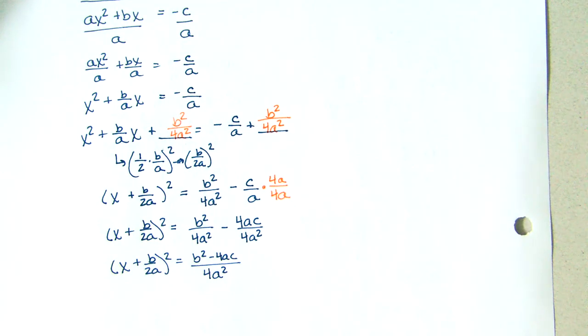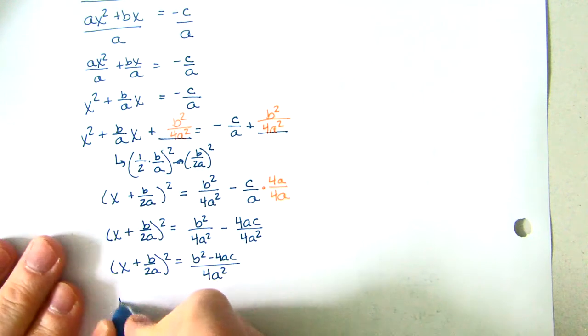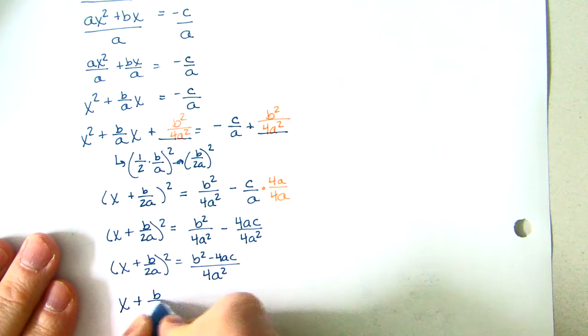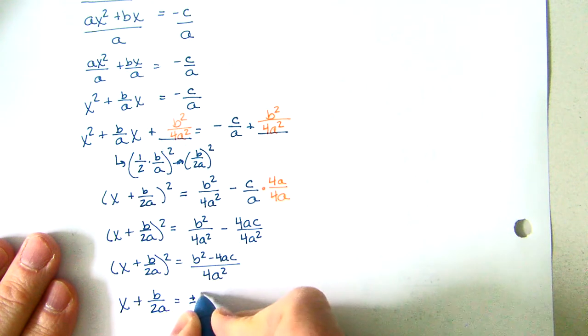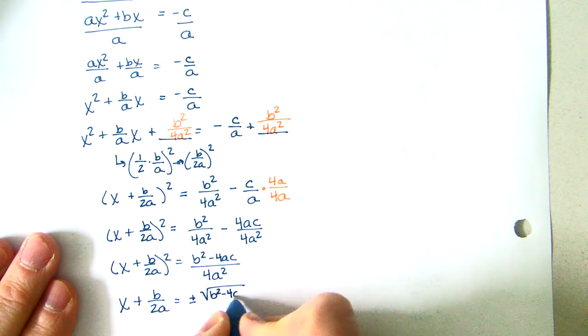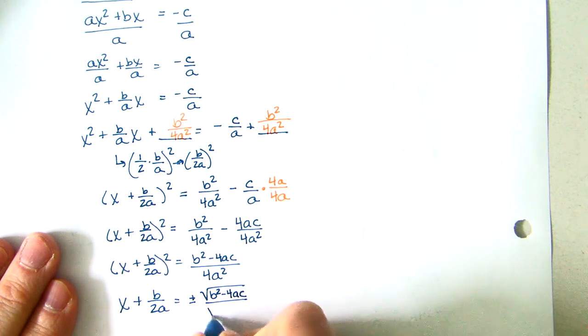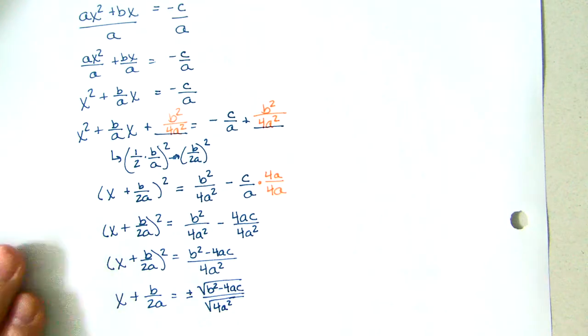What's the next thing I have to do? I have to get rid of my square by doing the plus or minus square root of both sides. x plus b over 2a equals plus or minus. Well, remember to do this, we can do the square root of the top over the square root of the bottom. Square root of b squared minus 4ac over 4a squared.